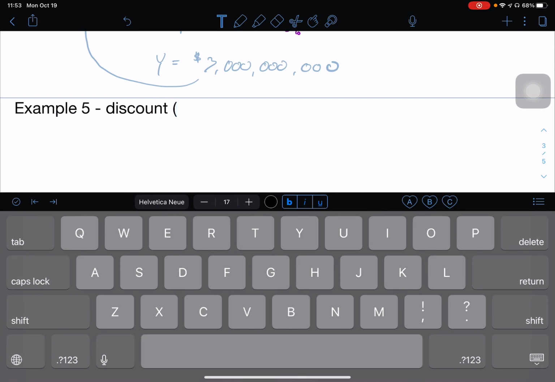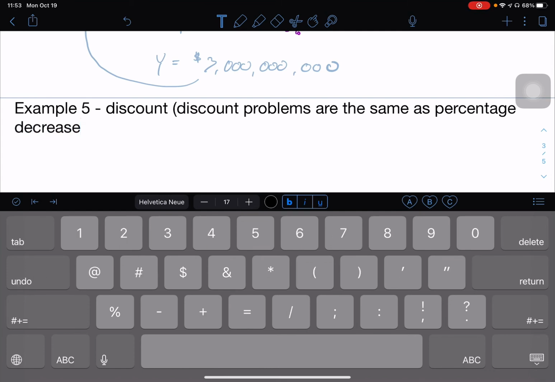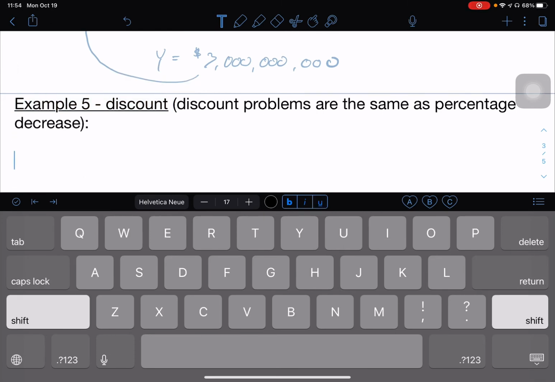However, discount problems are the same as percentage decrease. The difference is that the percentage sometimes may be the answer, and sometimes they're asking for a dollar discount.